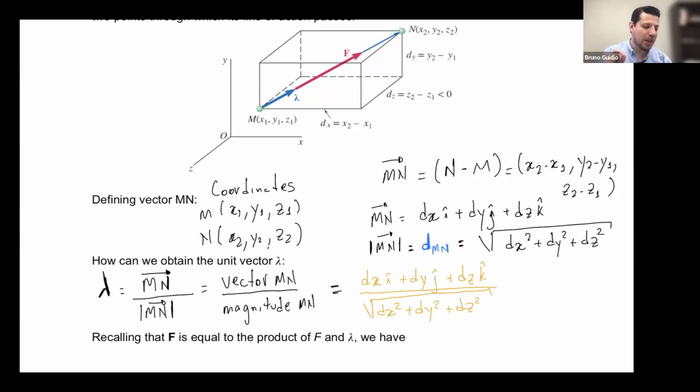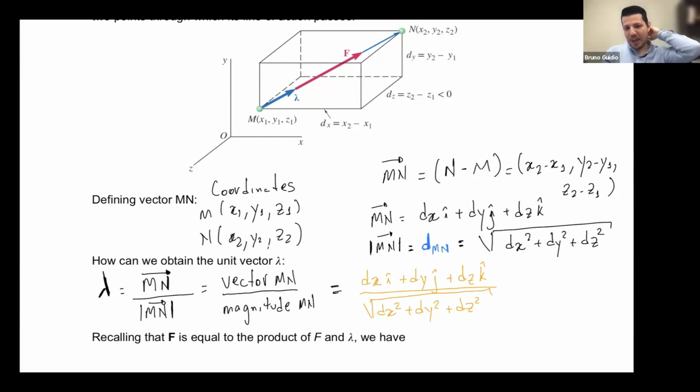This gives you the direction of that line of action, meaning the unit vector lambda. Because we are dividing the vector MN, which is the vector from M to N that exists on that line of action, by the magnitude, we are just making a unit vector of that direction.